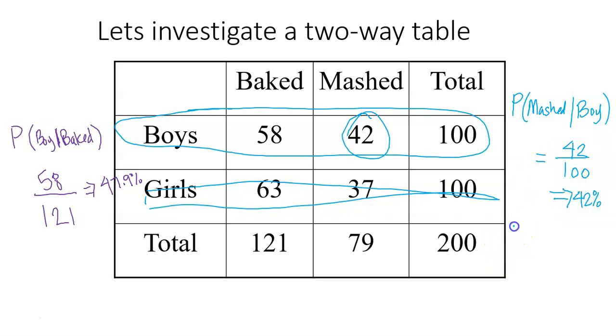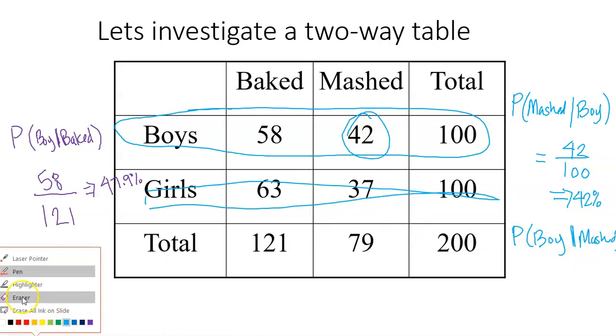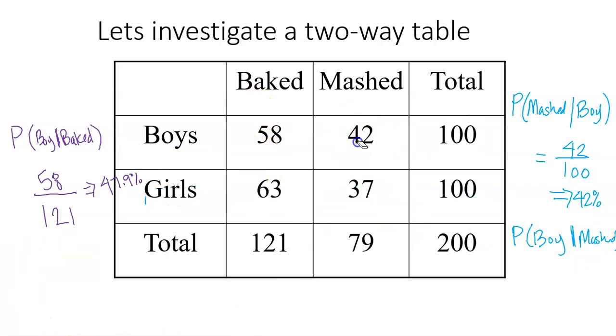Okay. What's the probability that they're a boy given that they prefer mashed potatoes? It looks similar. We're using the same two pieces of data, but in a different order, so it's going to be a different answer. Now we know that they prefer mashed potatoes, but we don't know whether they're a boy or girl yet. So now in my chart, I am not crossing out all the girls, I'm crossing out the baked potato column because I know it's mashed.